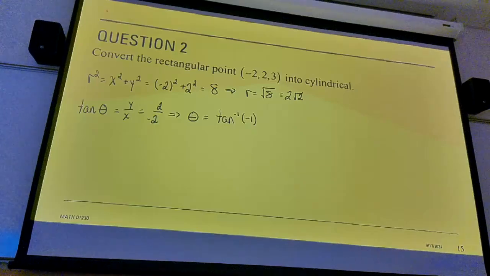That will give you a negative angle, right? So what's the angle? Negative pi over 4. Which is not the angle we're looking for. So how do you get the correct angle that we want?